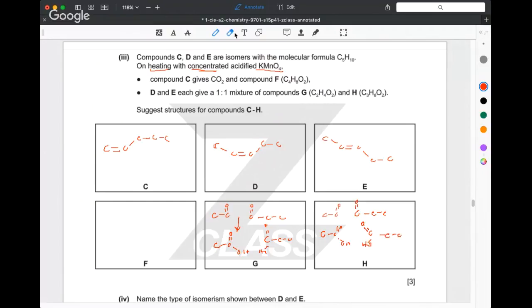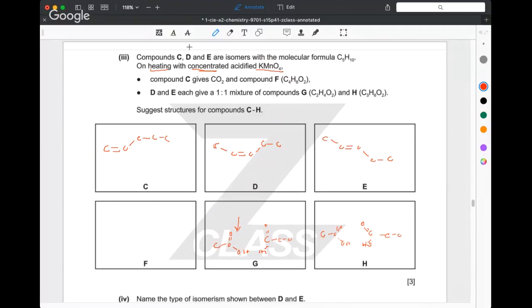So I'm just going to rub out the carbonyl, or the aldehydes that were an intermediate, if you like, on the way to forming those carboxylic acids. And so the products here are ethanoic acid. I haven't drawn in the hydrogens. And over here, propanoic acid. Ethanoic acid, propanoic acid over here.